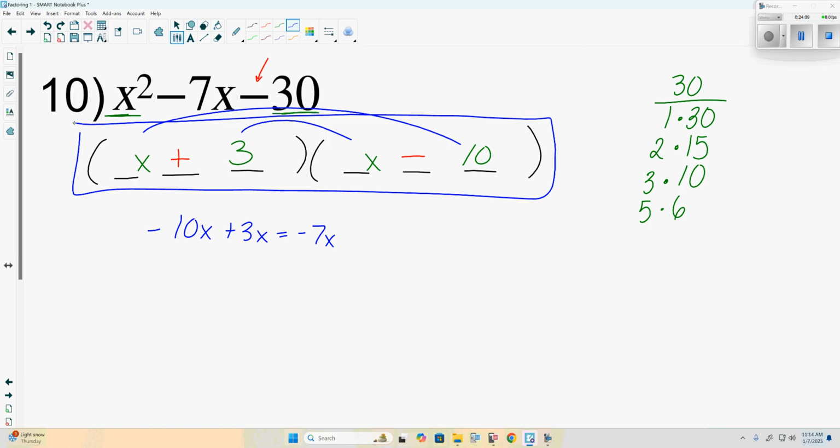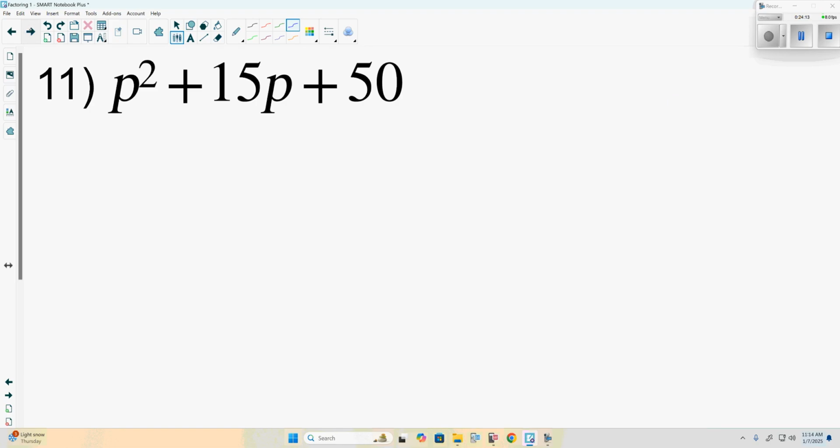Questions on this here? How are we feeling about factoring? Is it coming back to us a little bit here and there? All right.